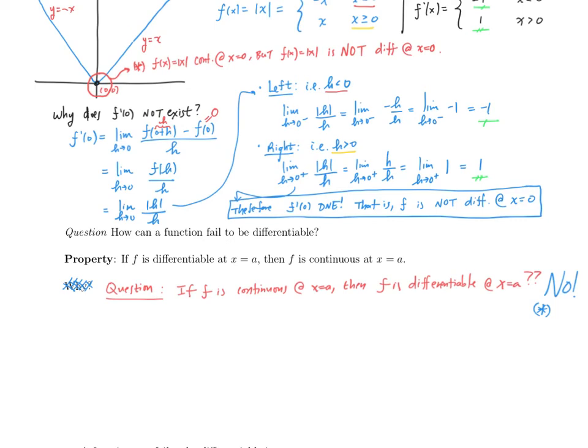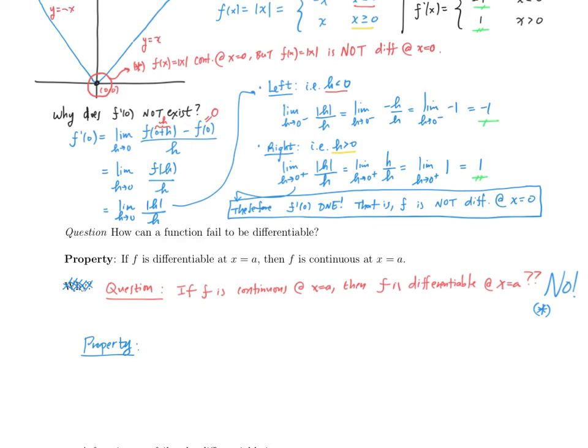So now for the good part, an important property. Even though we can't directly reverse the order of an if-then statement and get back something that's true, what we can do is take what's mathematically called the contrapositive of the statement. That is, if the conclusion is false, then so is the hypothesis.